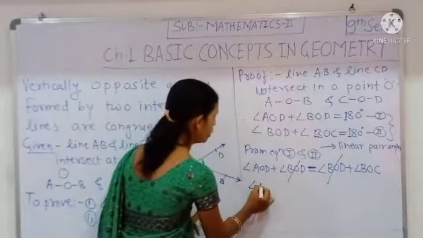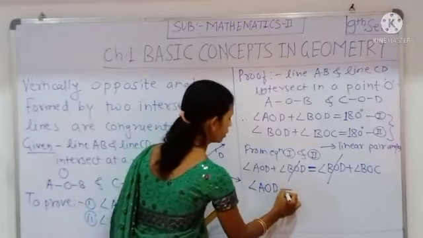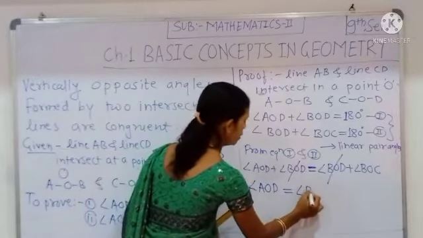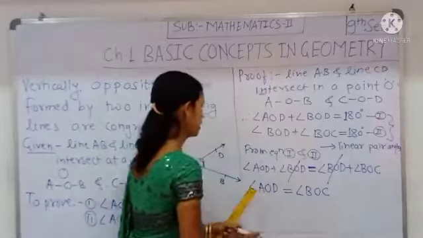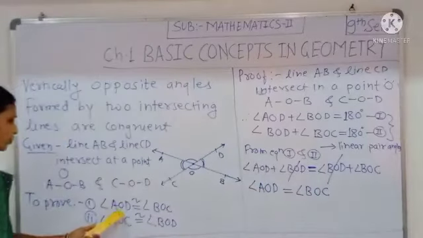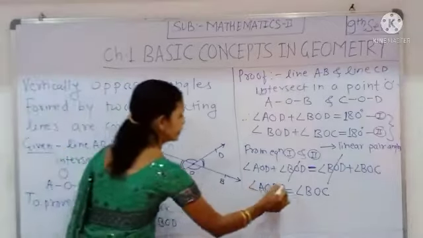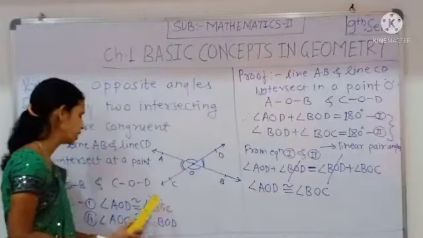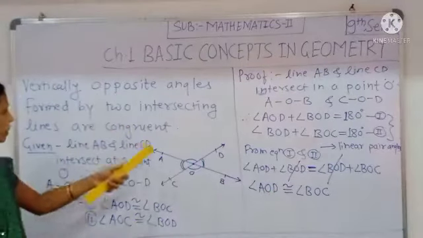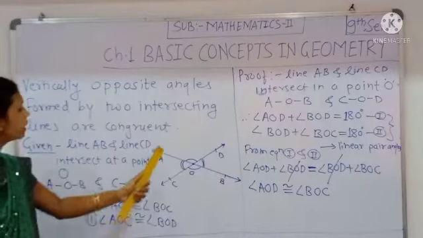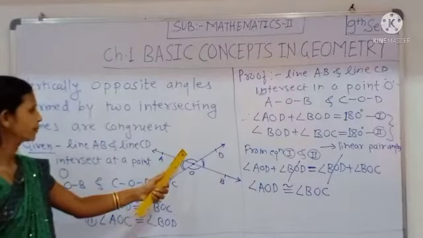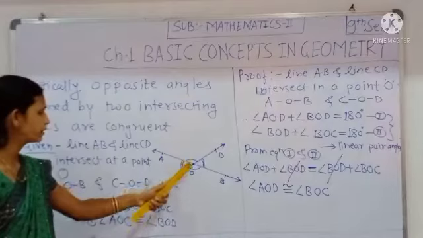Therefore angle AOD is congruent to angle BOC, that is the proof of this theorem. That means vertically opposite angles are congruent.